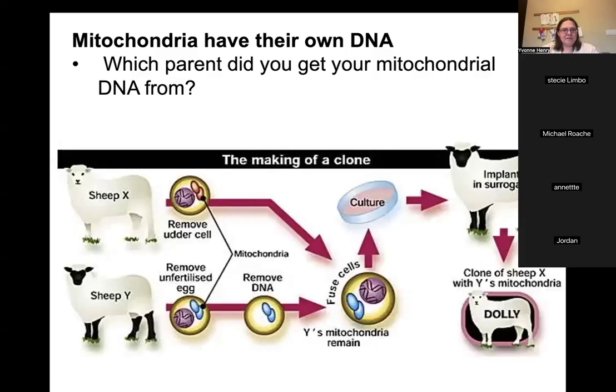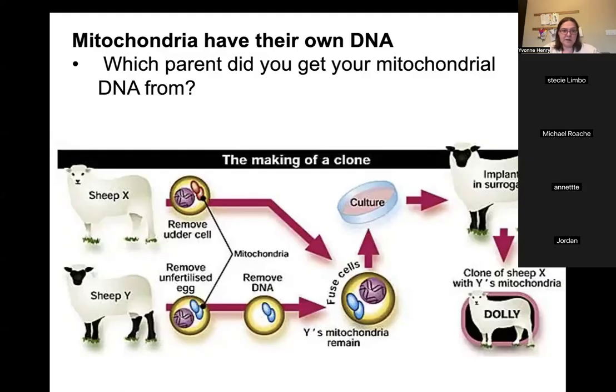So when you have things being cloned, you're going to take an egg from a person or an animal. You're going to take the nucleus out of that egg. So you're going to remove all the nucleus DNA, all the chromosomal DNA, but you're not going to take the mitochondria out. So when you add DNA from your cloned species, so I want to clone sheep X, I'm going to take the nucleus out of the egg from sheep X, or in the case of Dolly the sheep, the first cloned animal, they used an udder cell.